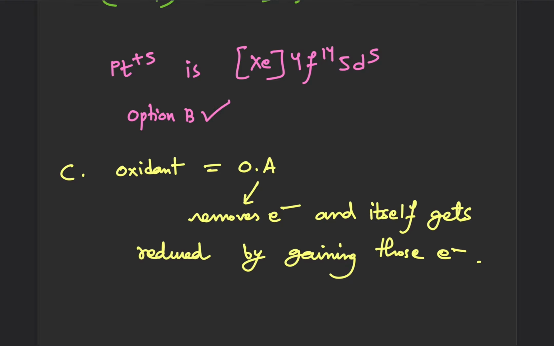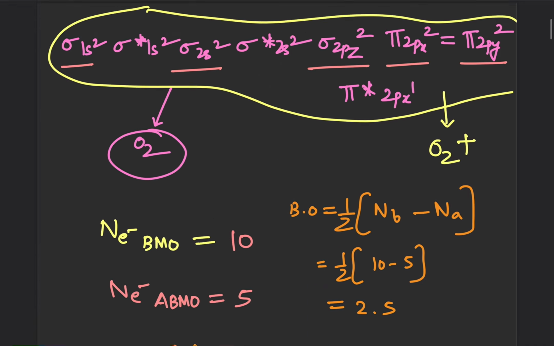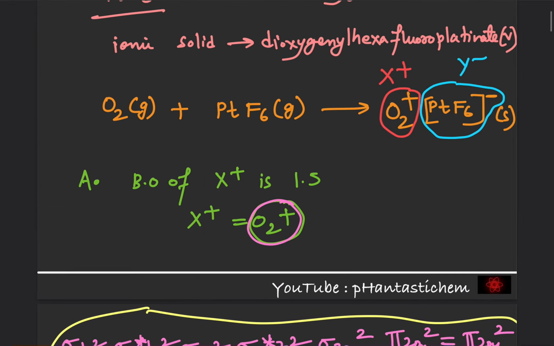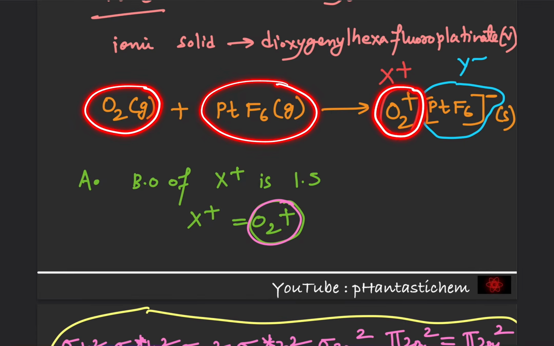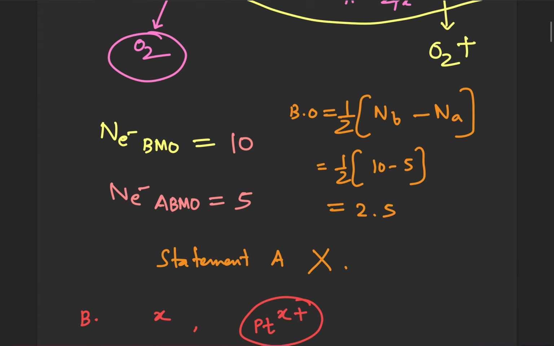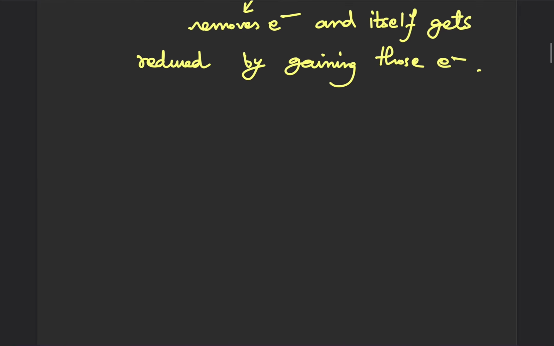We have already discussed that PtF6 is our oxidizing agent, because it takes electrons from O2 and converts O2 into O2+, and in that process it gains those electrons and itself becomes PtF6-. Therefore PtF6 is the oxidant, so option C is correct.